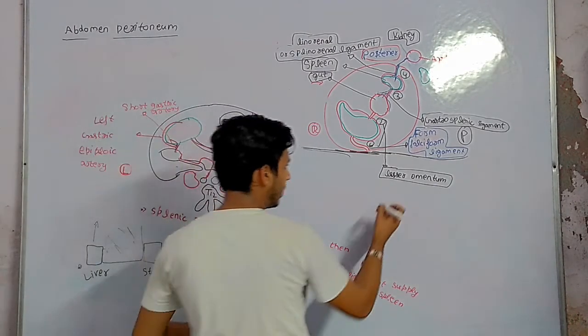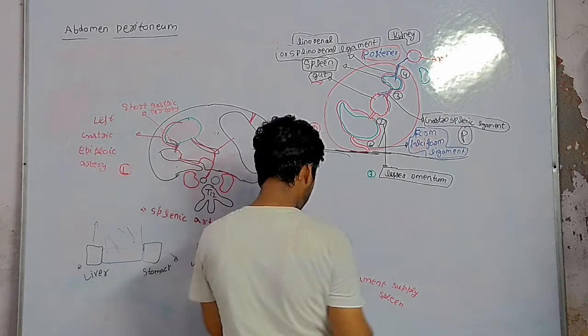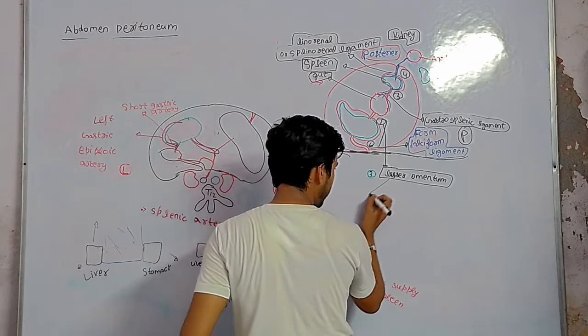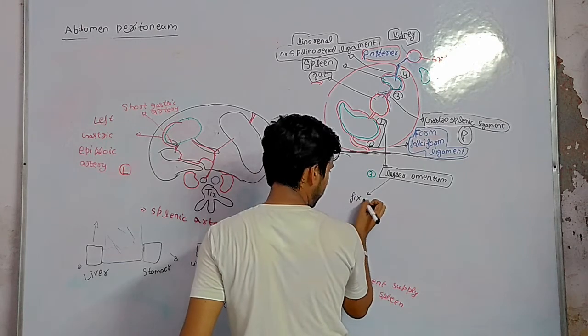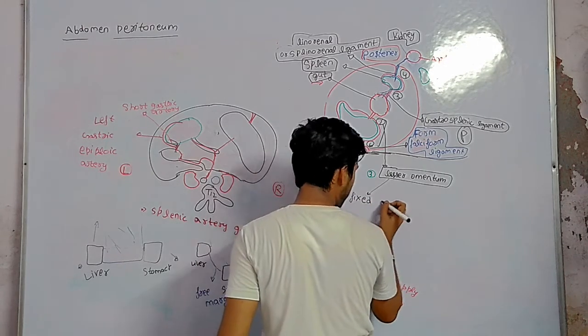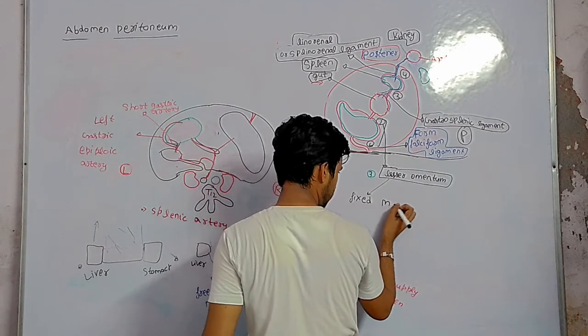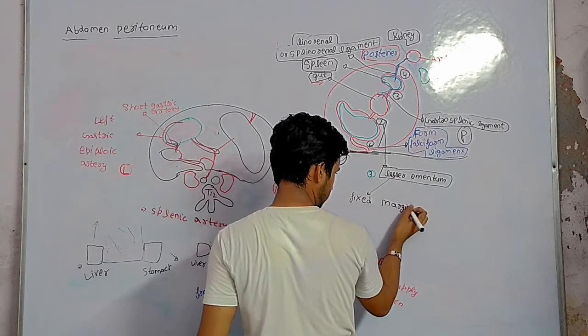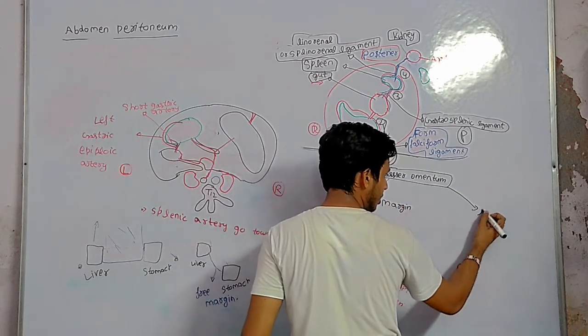So the third ligament is the lesser omentum. It has two parts: the fixed margin towards the stomach, and one is the free margin.